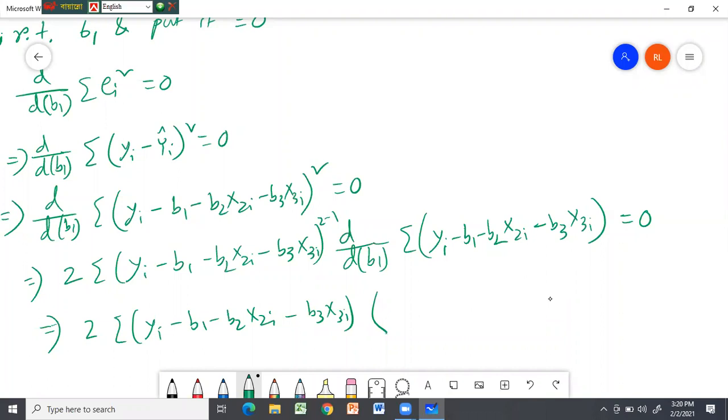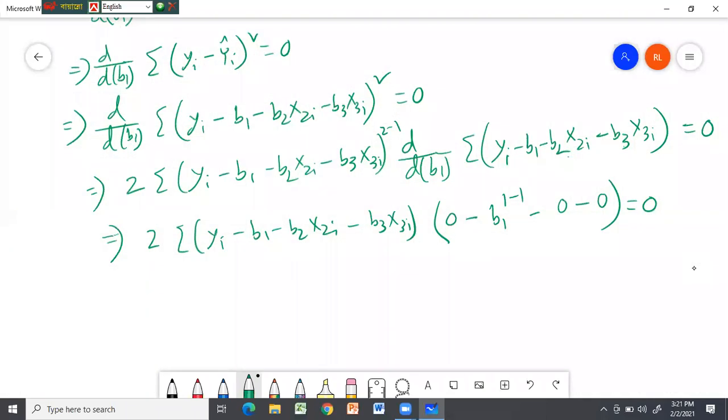So the differentiation of y becomes 0. Only b1 is differentiated, because b1 has become the variable now, while b2 and b3 become constants, so their terms become 0. This happens because of partial differentiation: you are differentiating the whole function with respect to only one variable, and that is b1 here.